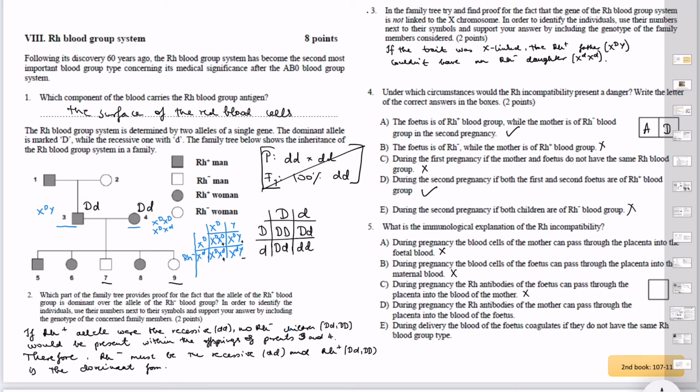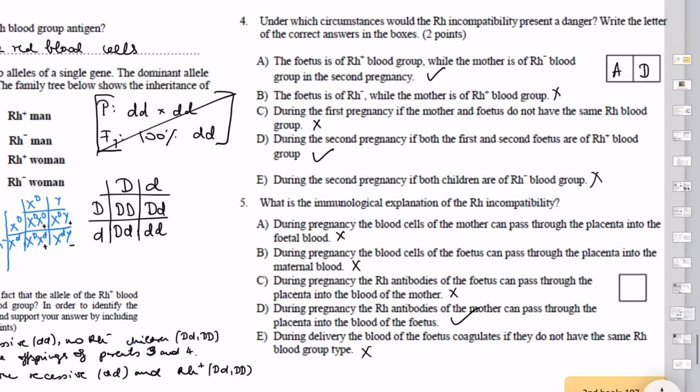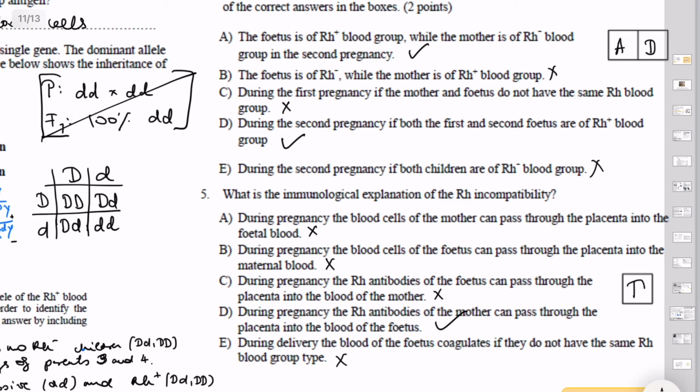Basically, the mother's antibodies. During pregnancy, the Rh antibodies of the mother can pass through the placenta into the blood of the fetus. This is true. During delivery, the blood of the fetus coagulates if they do not have the same Rh blood group type. That is not true. So the good answer will be D.